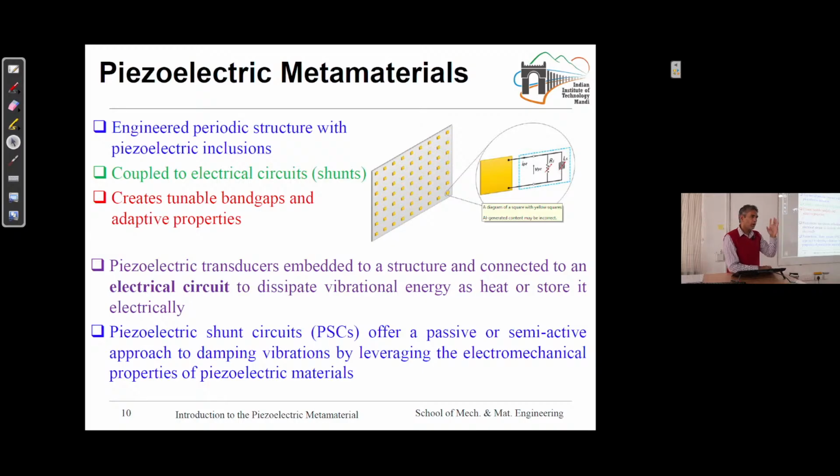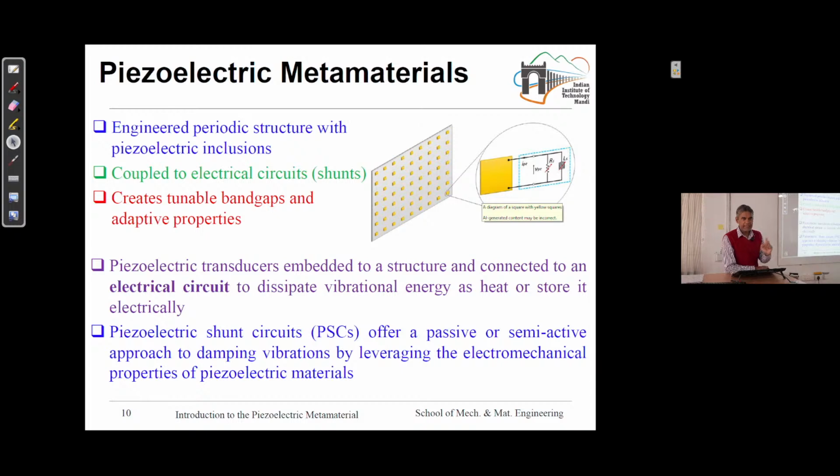This force is applied by an external source, a so-called electric battery. The sensor senses the vibrations, but to apply the force on the structure, we need a battery to supply voltage to the piezoelectric actuator.